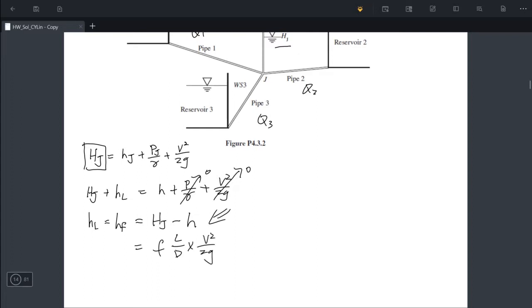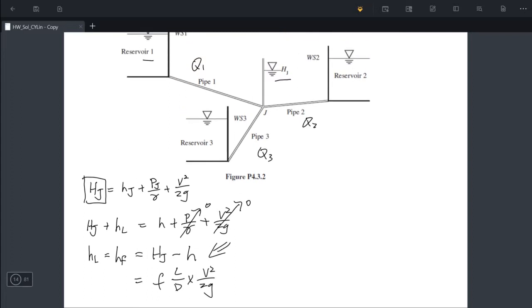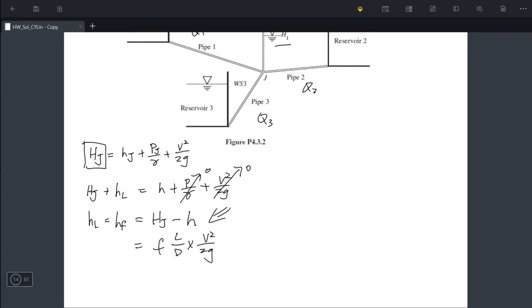So we know L, the length of the pipe, and we know the diameter of the pipe. So the only parameters that we don't know are F and the velocity, which is the parameter that we are trying to solve.